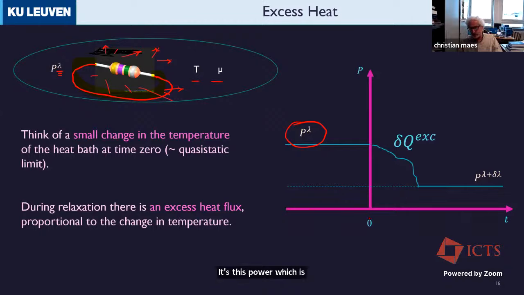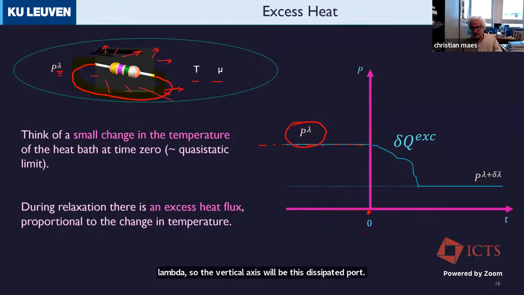And we assume that before time zero, so here is time zero, we are happily living in this non-equilibrium steady condition, and that there is a dissipated power which we denote by P of lambda. So the vertical axis will be this dissipated power.